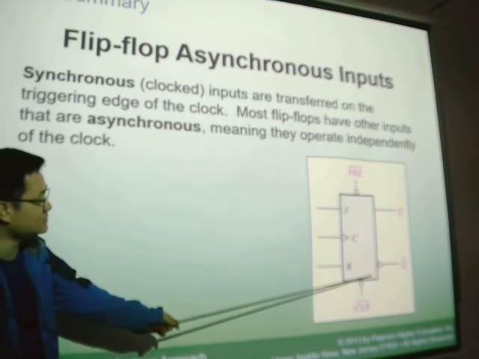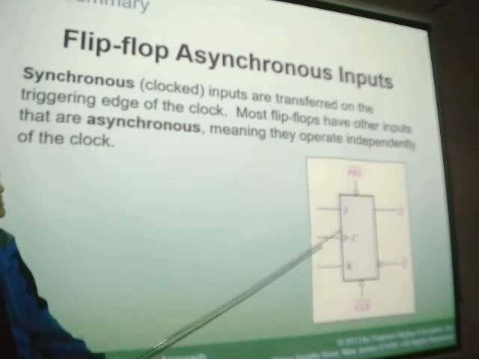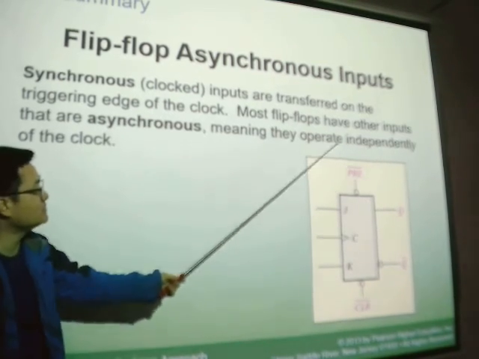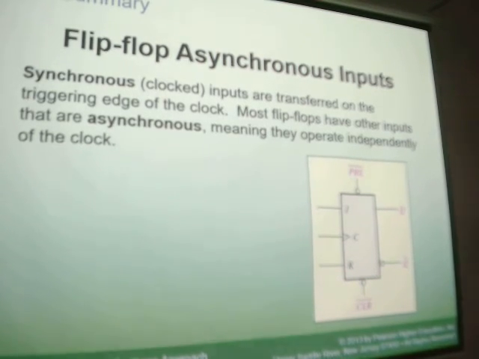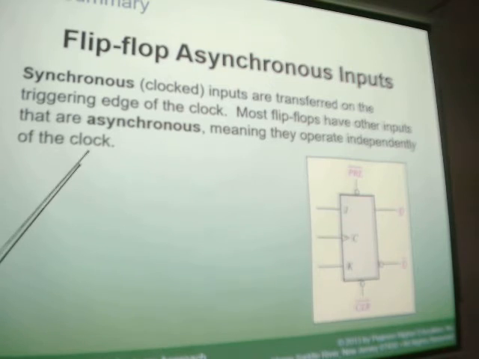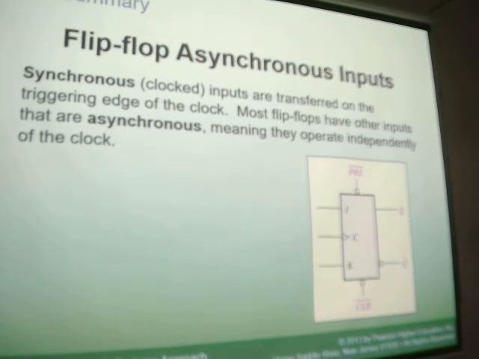For this input and this input, the two inputs are not controlled by the clock.